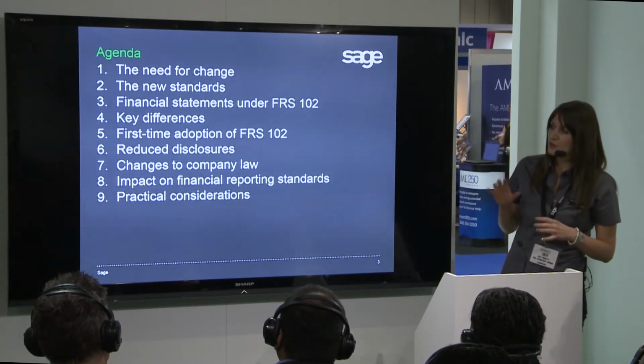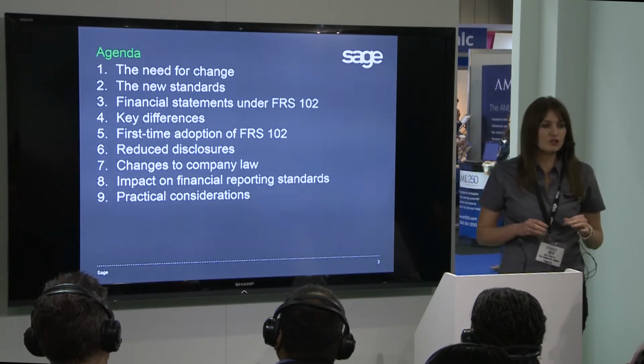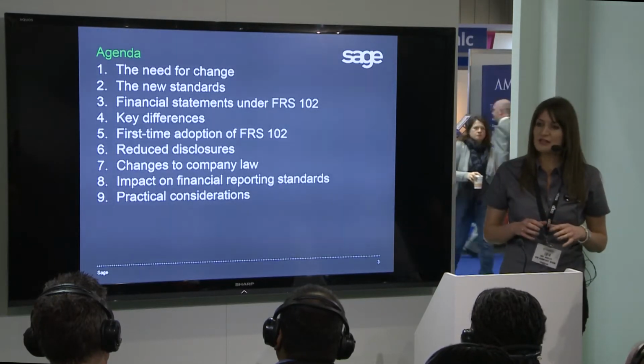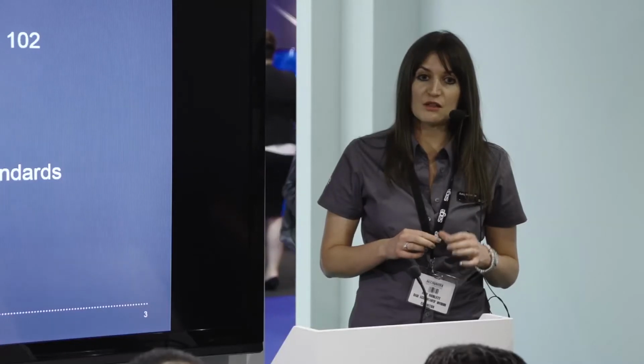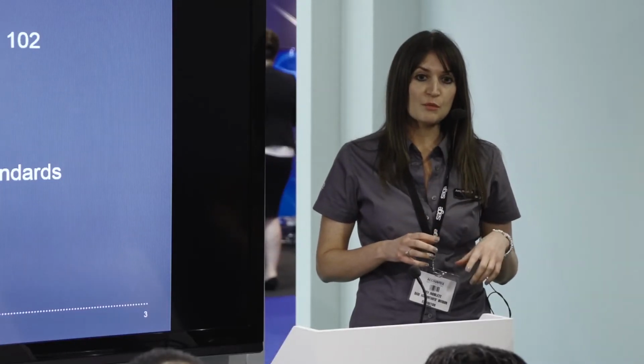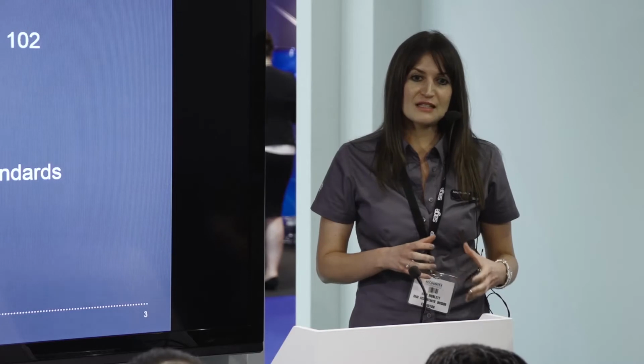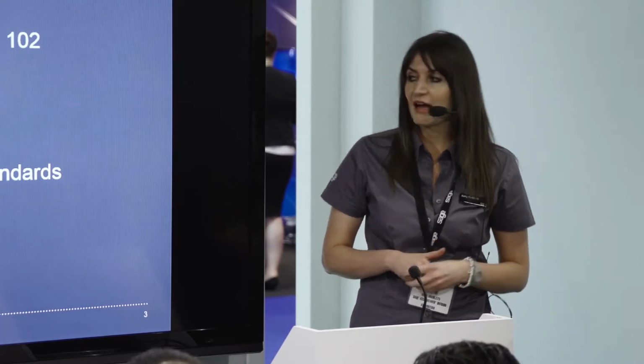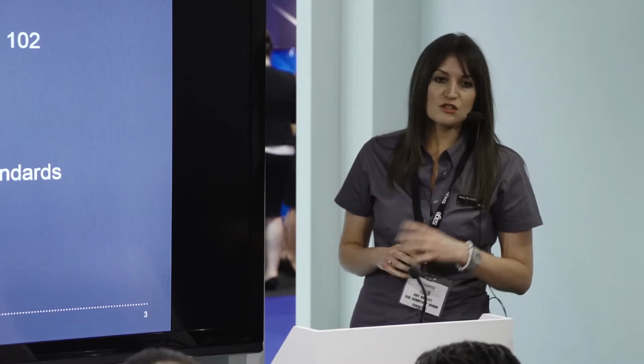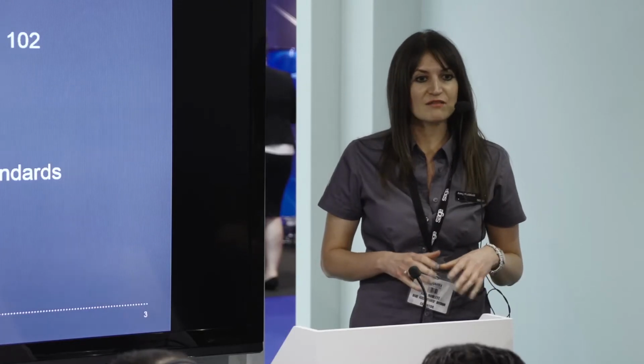And then also I was going to look, quite high level, at the changes in UK company law that have just gone through for small companies, and what's happening with the FRSSE and the impact on the accounts for that. And then just finish off with some practical considerations to be thinking about.